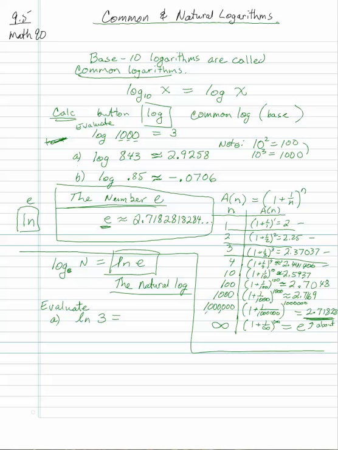Hit ln 3 equals 1.0986, and again go to 4 places. How about ln of 27? That's 3.2958.